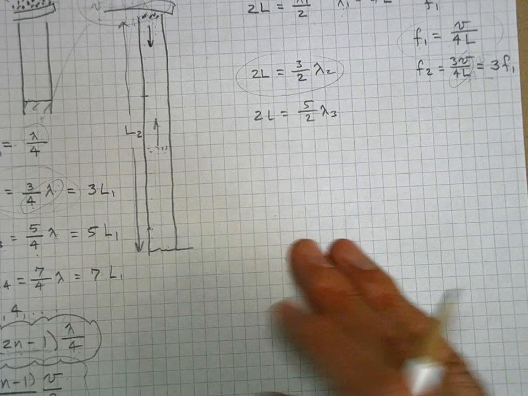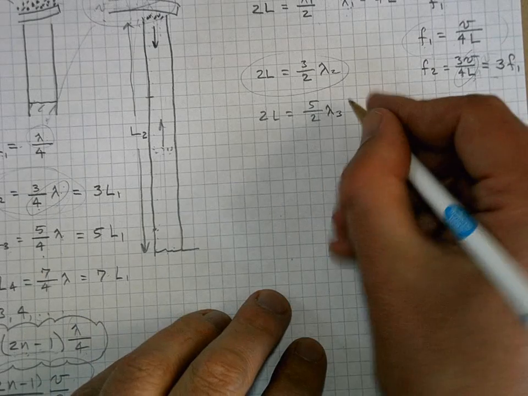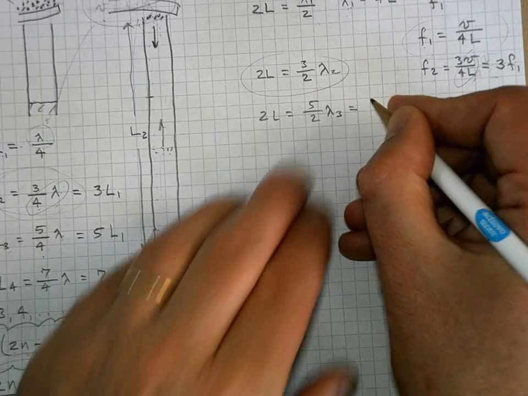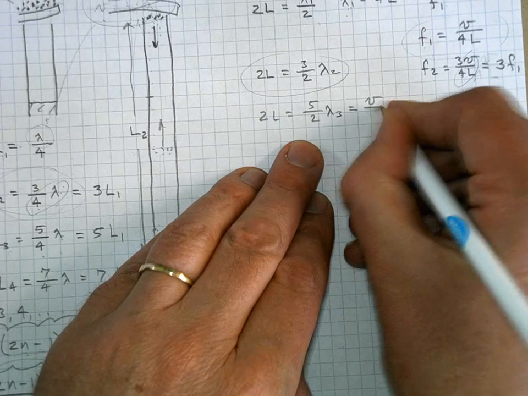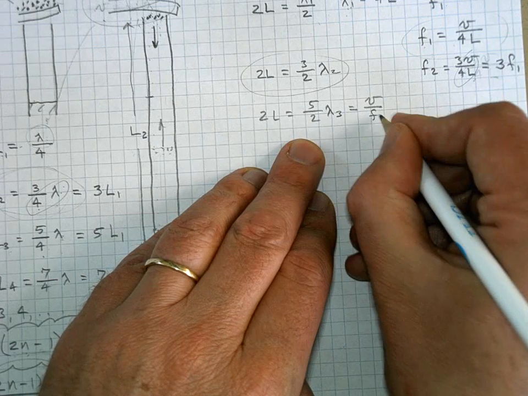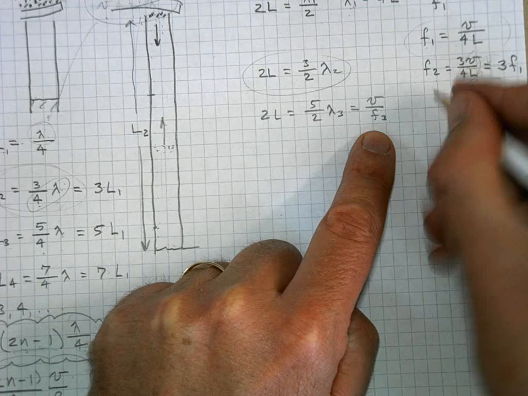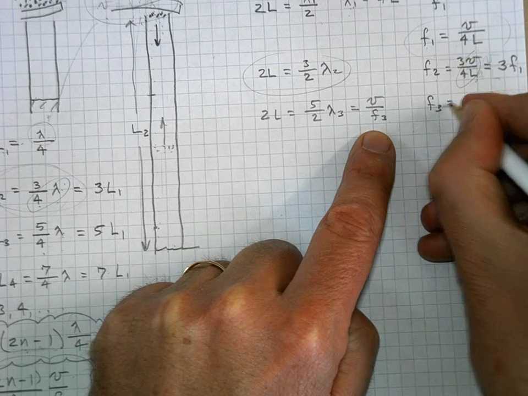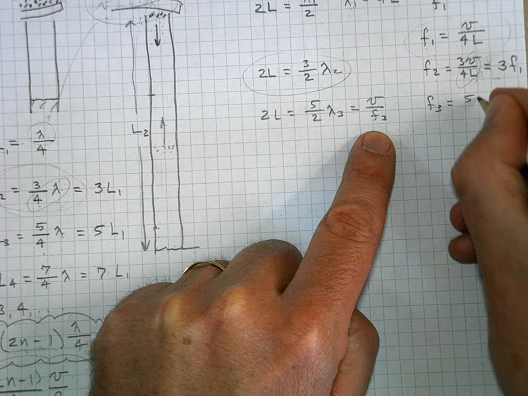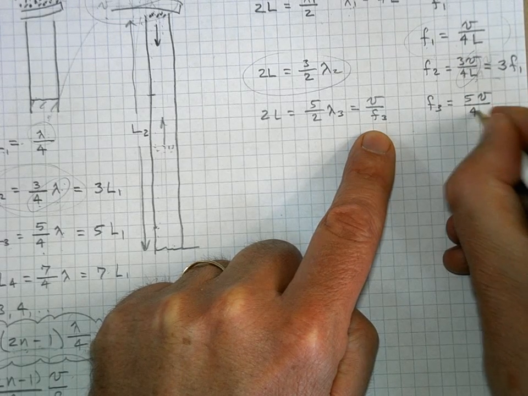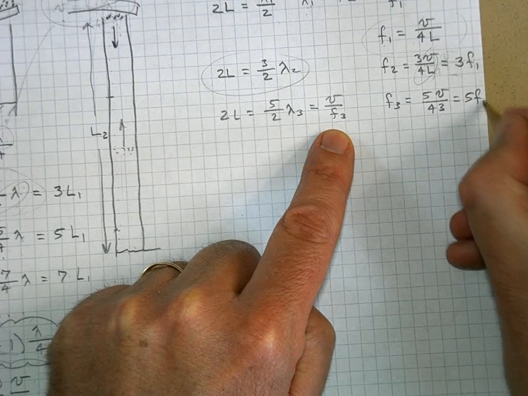Let's just do the math. This is equal to the velocity of sound over F3, the third frequency. Solve for the frequency, and you get F3 is equal to 5 times the velocity over 4L, which is equal to 5 times F1.